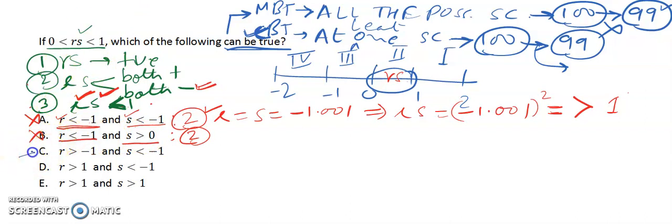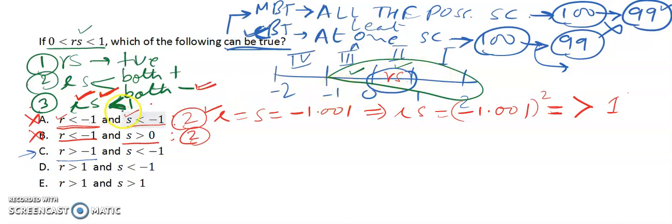Let's see C. C says R is greater than -1. Now this is interesting. R is greater than -1, so on our number line R is lying somewhere here. It can be negative, it can be positive.